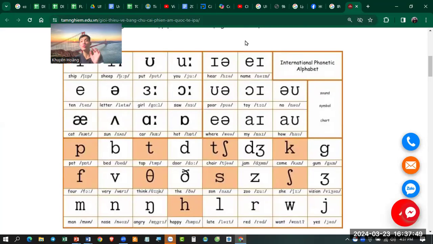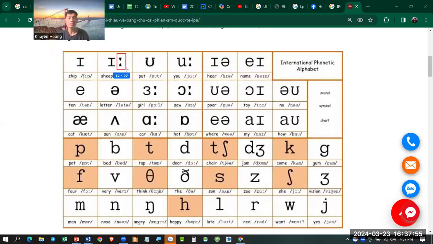One thing I was about to say is this. In this phonetic alphabet, IPA, we have this character. It means the long sound.